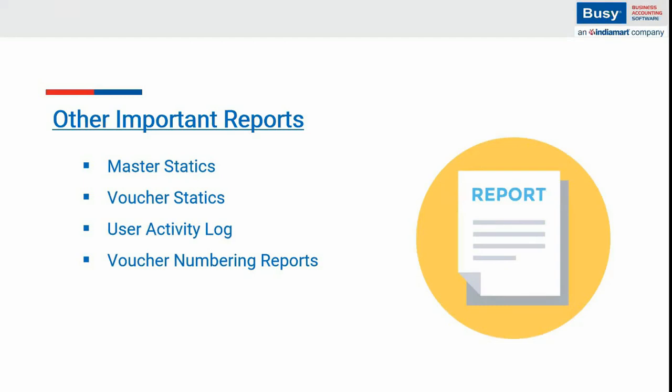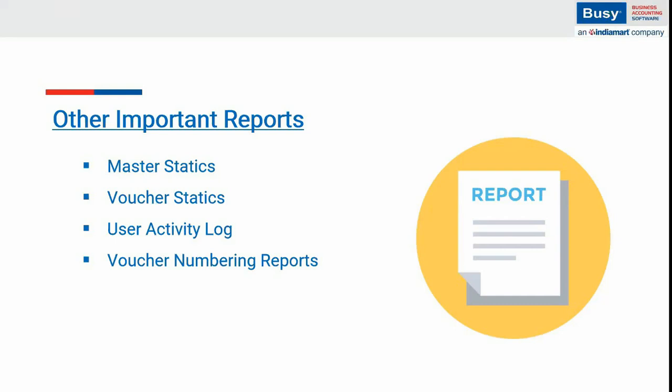If a user made any modification in the data, easily you can check it from your side using this user activity log report. And also the voucher numbering report. In most cases the voucher numbering is sometimes blank, or if you are using manual numbering, the numbers will be continuous, that is 1 2 3 4 5 6 in this order.